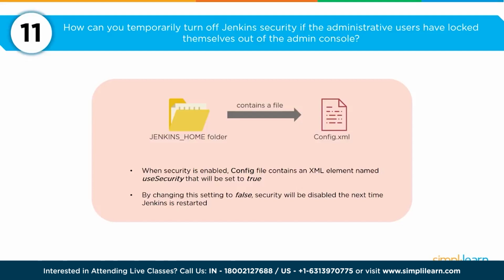So when you want to get into a Jenkins environment, what you want to do is locate the config file. You should see that it's set to true, which allows for security to be enabled. If you then change the user security setting to false, security will be disabled, allowing you to make your administrative changes and will not be re-enabled until the next time Jenkins is restarted.